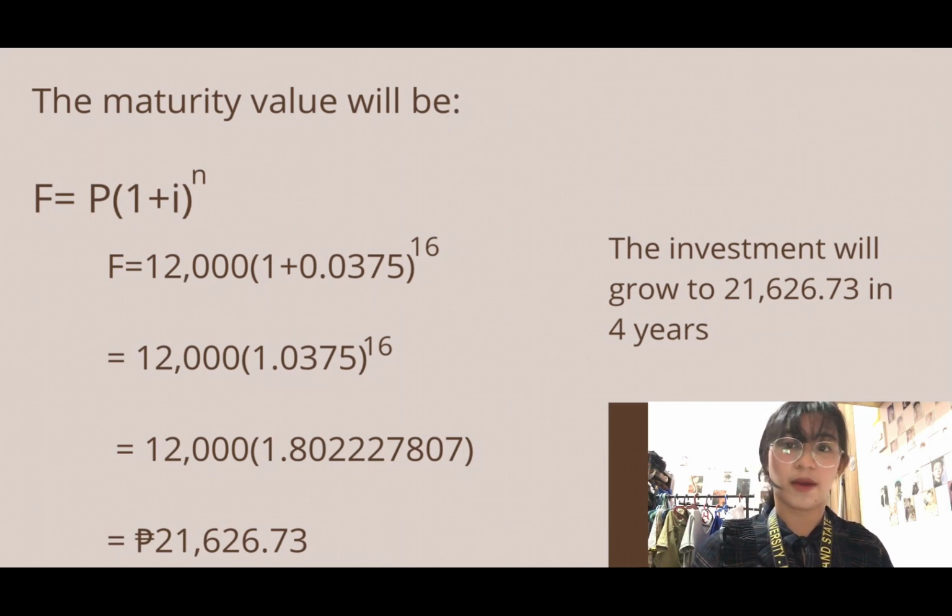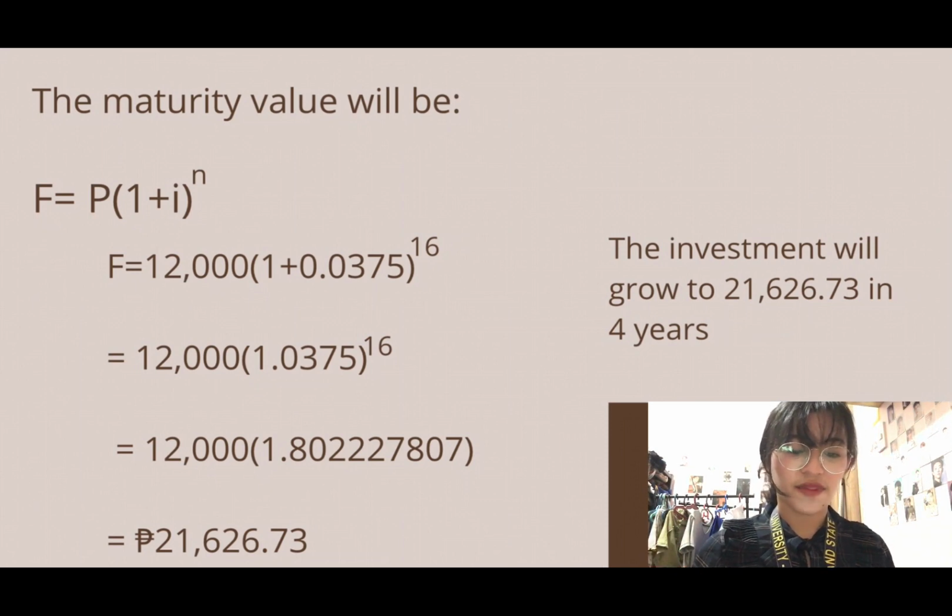Okay. So the maturity value will be, using the formula F equals P times 1 plus I raised to the power of N. The solution will be F equals 12,000 times 1 plus 0.0375 raised to the power of 16. Then 12,000 times 1.0375 raised to the power of 16.